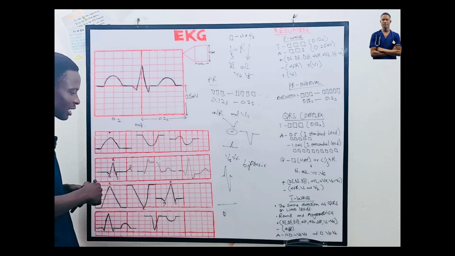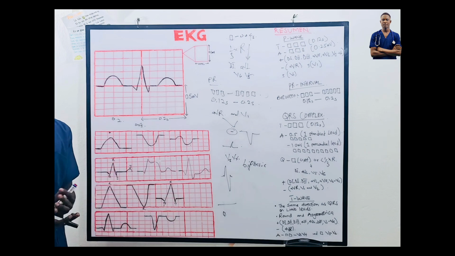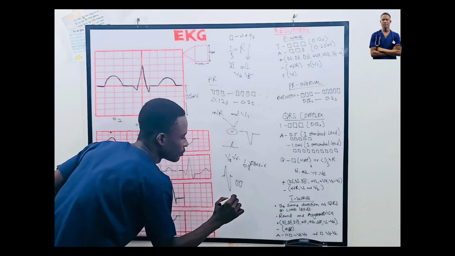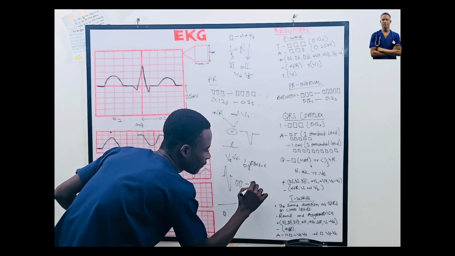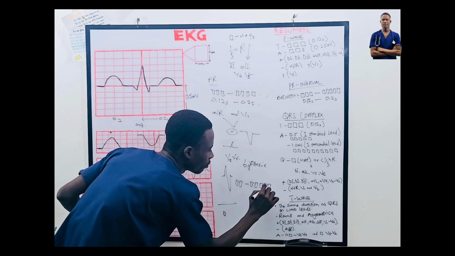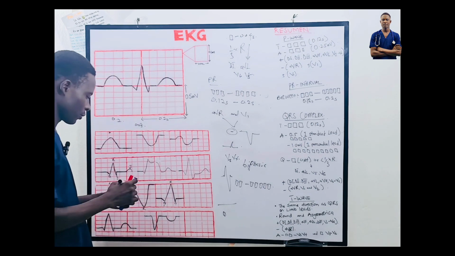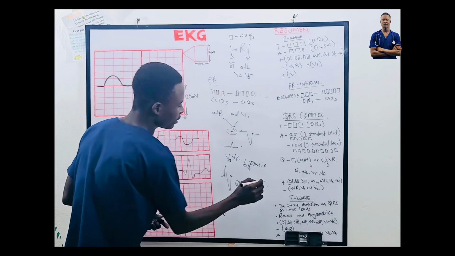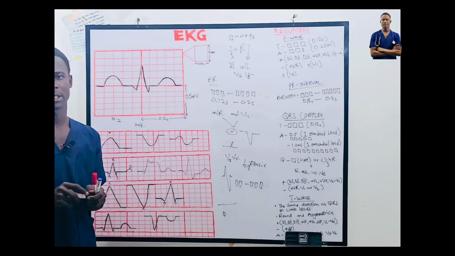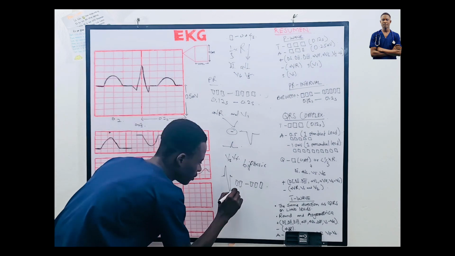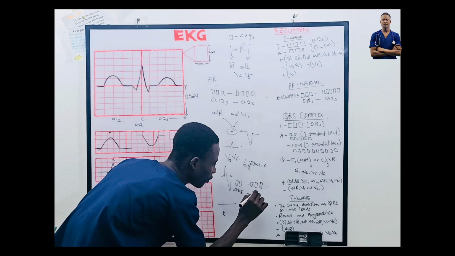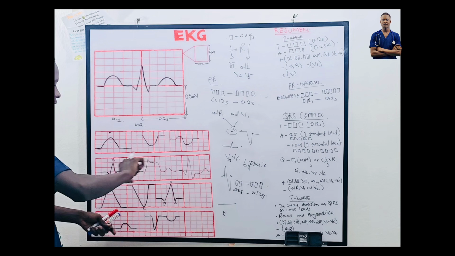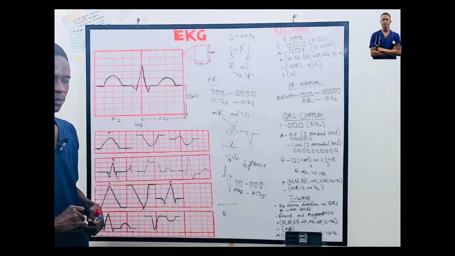Now, let's look at the time. The time is supposed to be from 2 boxes to 3 boxes. Are you clear with it? So from 0.08 to 0.12 seconds. That is the time taken for the ST. You understand?